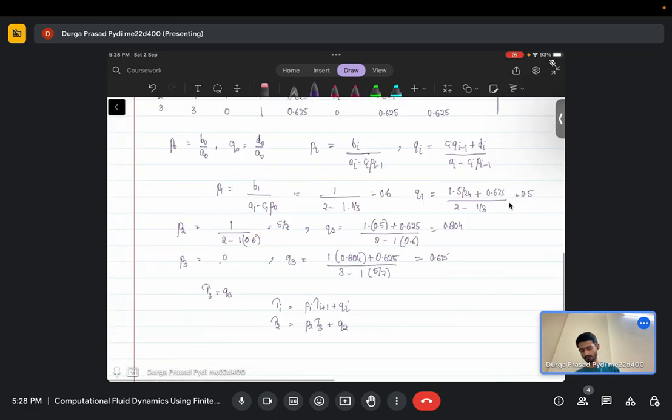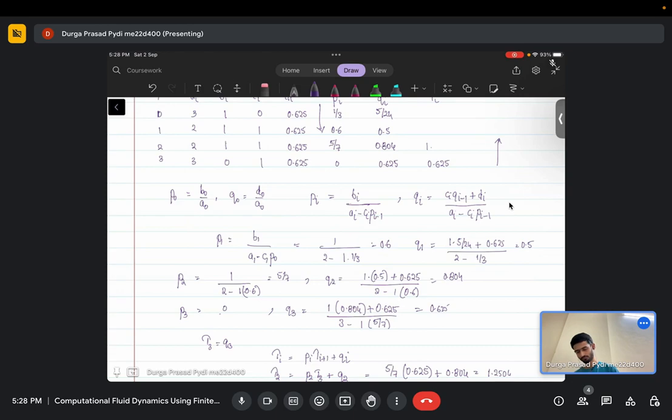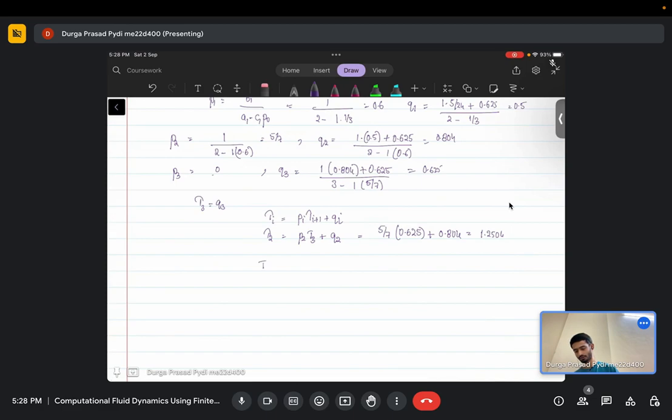So we have P2 times T3 plus Q2. Then similarly T1 will be P1 times T2 plus Q1, so 0.6 times T2 plus Q1.